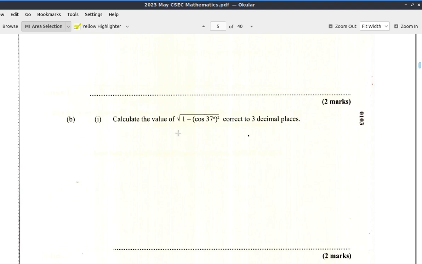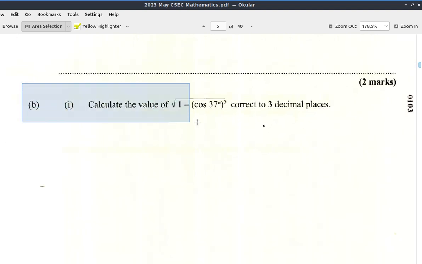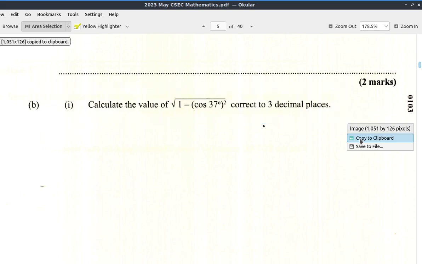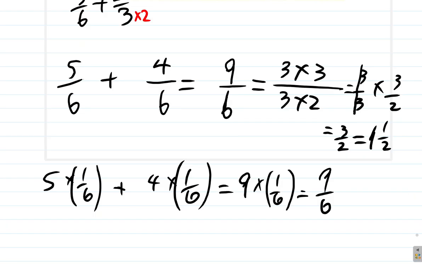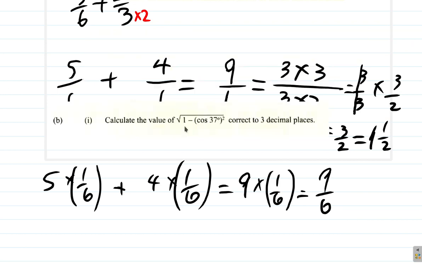Here, for part B, we want to do this correct to 3 decimal places. Let's copy this and put it over here.